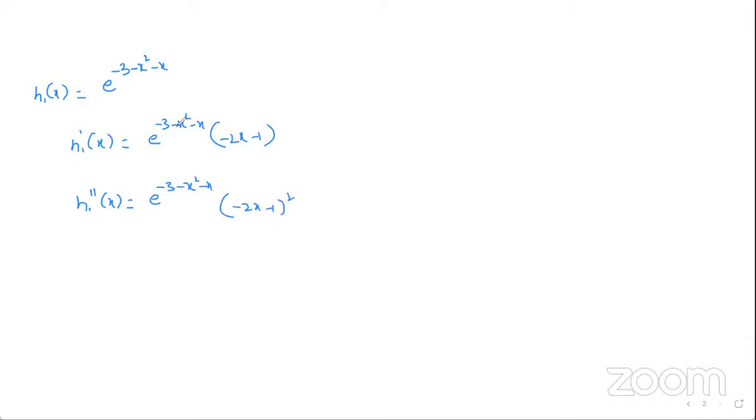Now we'll take this as a constant and do the derivative for this, which gives us minus 2 e power minus 3 minus x square minus x.